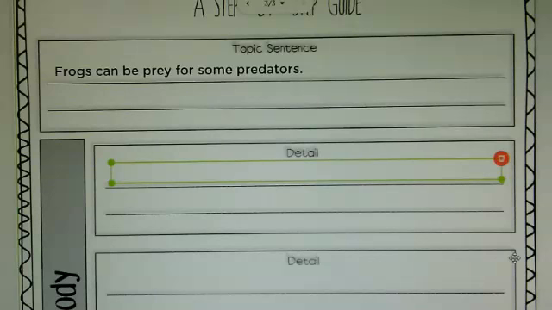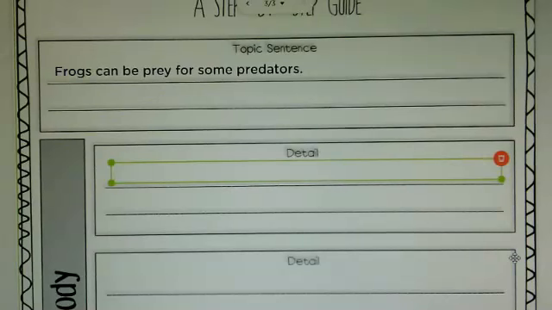I know that in rainforests, snakes will try to eat frogs. There's a whole bunch of predators for frogs, but it's kind of exciting how frogs get away from them. So maybe I should say frogs can be prey for some predators, but they have really good defenses. And then that lets me talk about how frogs get away from different predators.